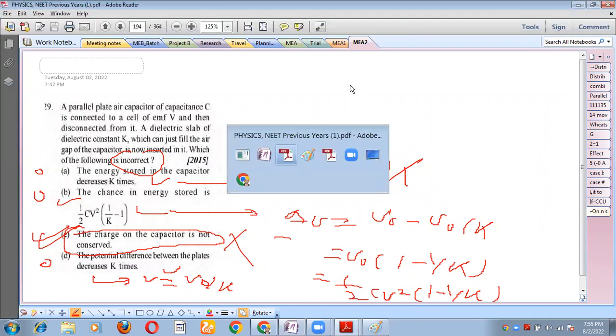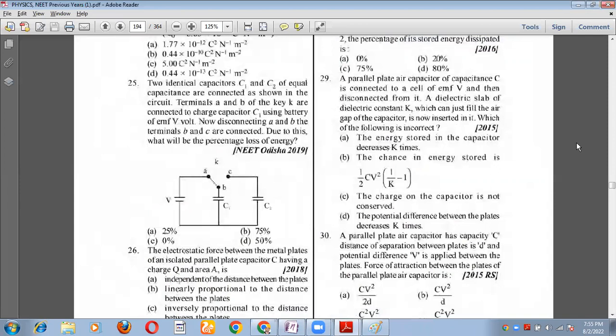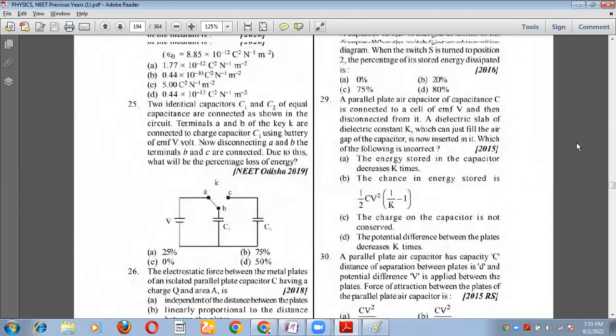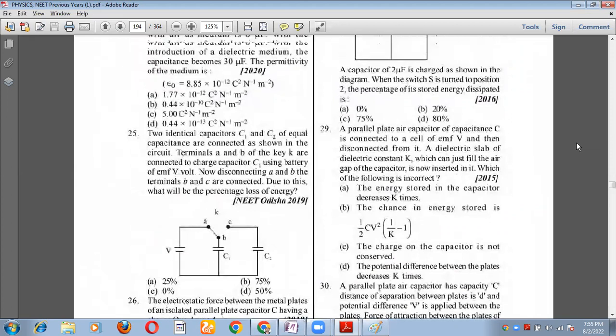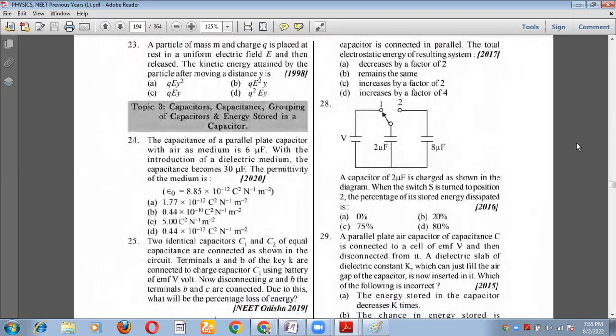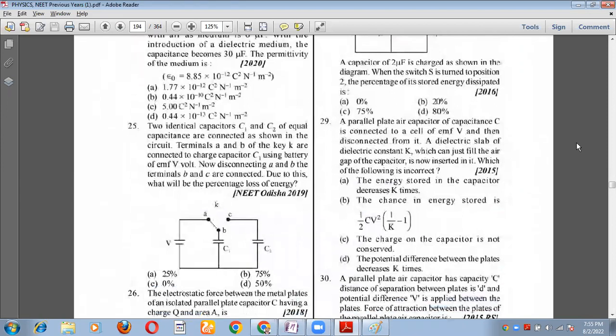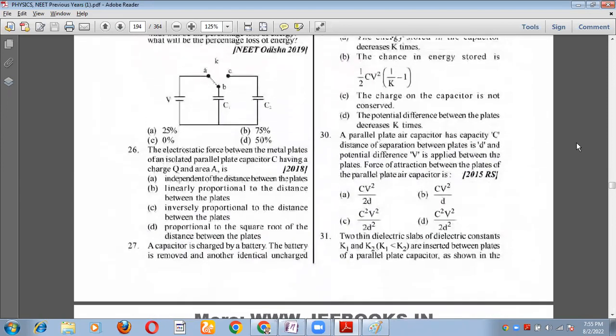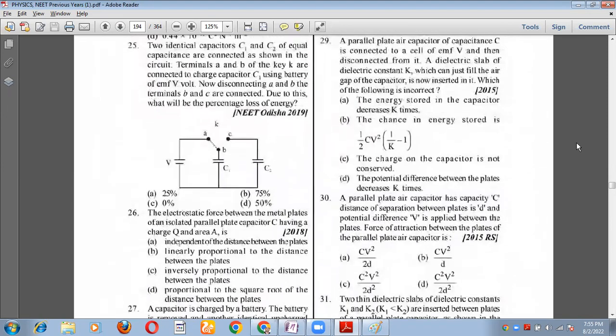All right. So this is how we should solve such type of question. Now last but not the least, we'll solve one more question and we will end the class for capacitors. Mostly such type of questions are asked in NEET, not much more difficult than this. You can see this question quickly.